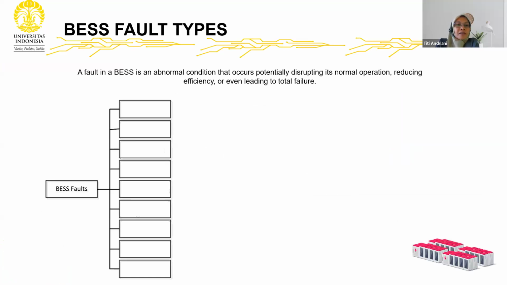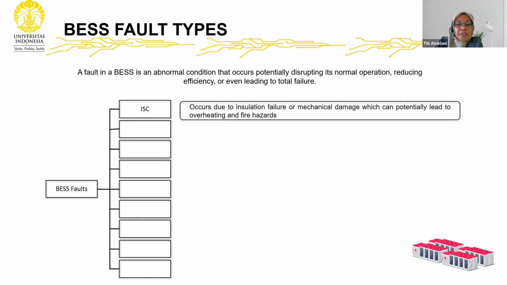A fault in a BESS is an abnormal condition that occurs, potentially disrupting normal operation. In BESS, various types of faults can occur, each affecting system performance and safety differently. For instance, an internal short circuit occurs due to insulation failure or mechanical damage, which can potentially lead to overheating and fire hazard.